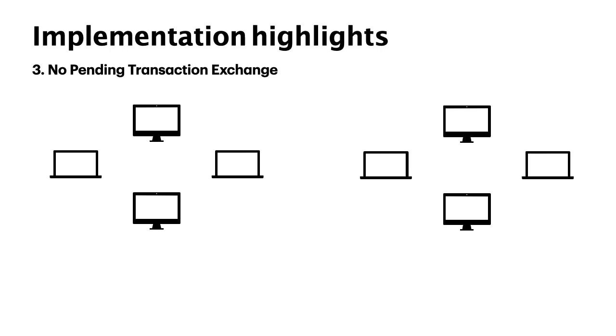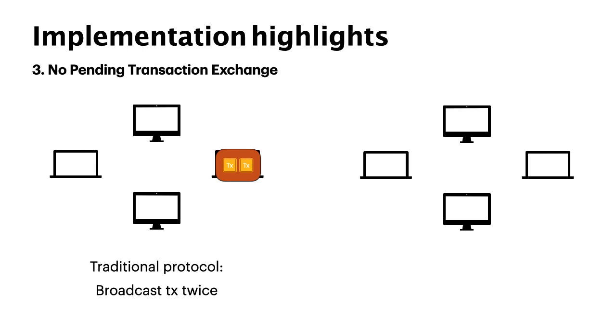Once one machine succeeds in mining, it produces this block, and it will broadcast this block throughout the network. As a result, actually every single transaction is broadcast twice throughout the network. The first time is as a single transaction. The second time is included in a block.